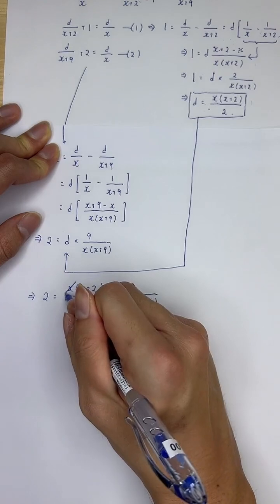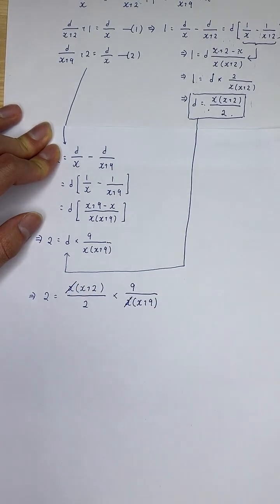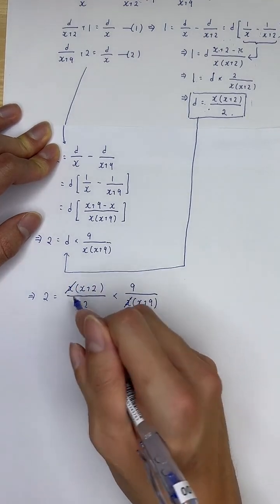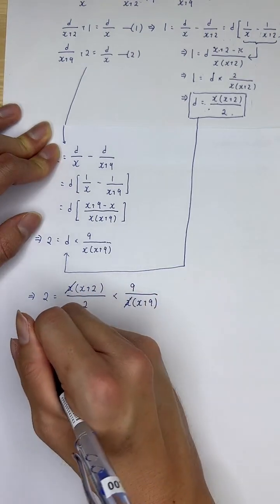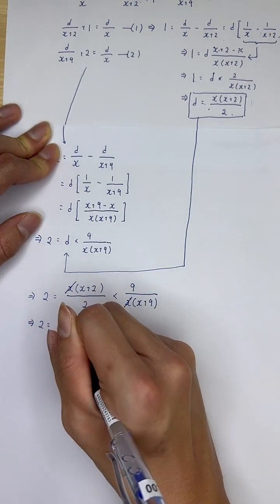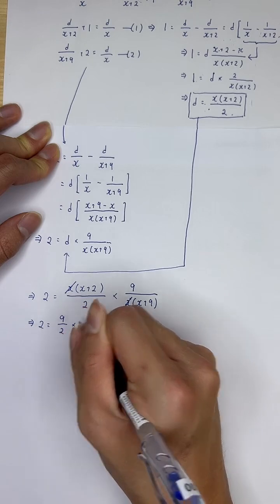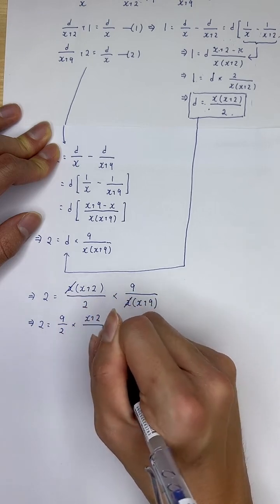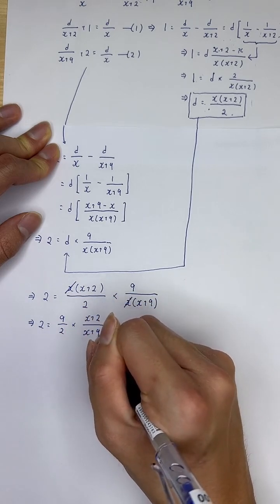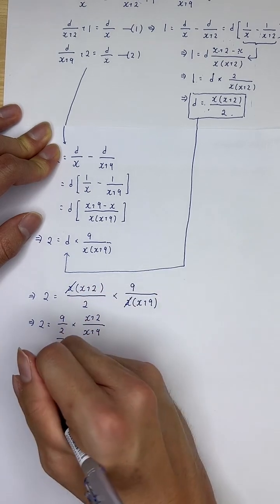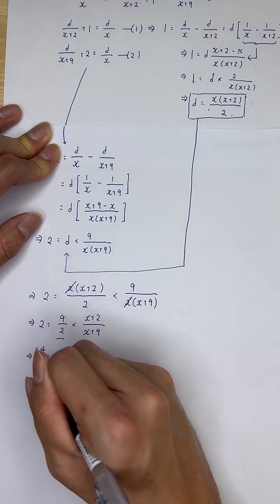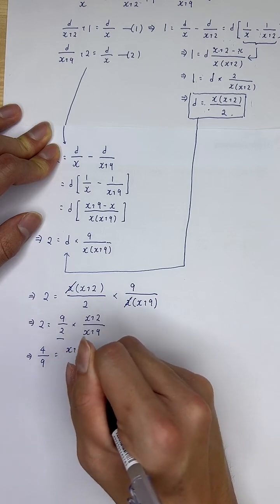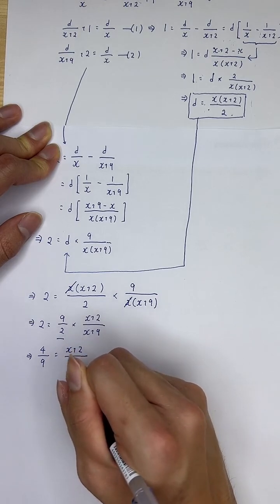We can see an x over here and the x over here cancelling off. And afterwards, the 2, we are going to obtain 2 equal to 9 over 2 multiplied by x plus 2 over x plus 9. Well, we can cross multiply this away first. We'll obtain 4 over 9 equal to x plus 2 over x plus 9.